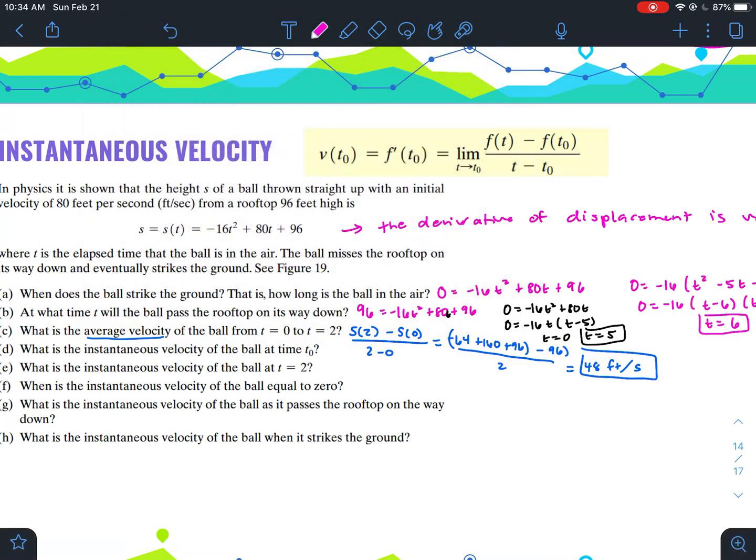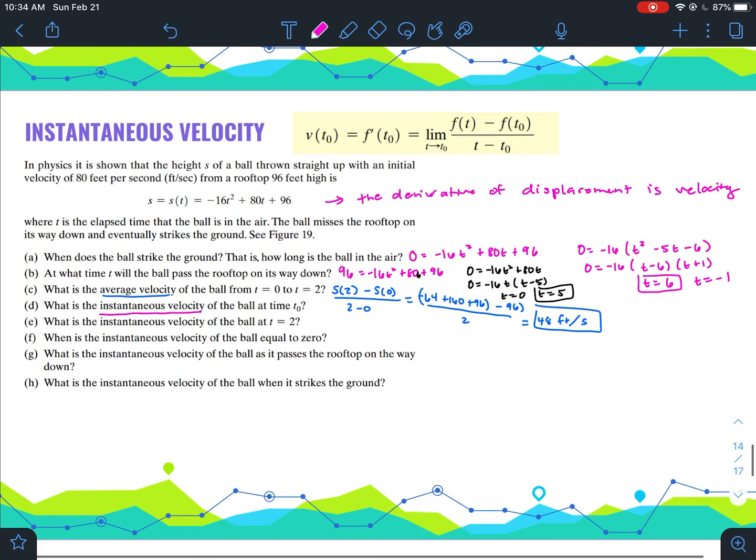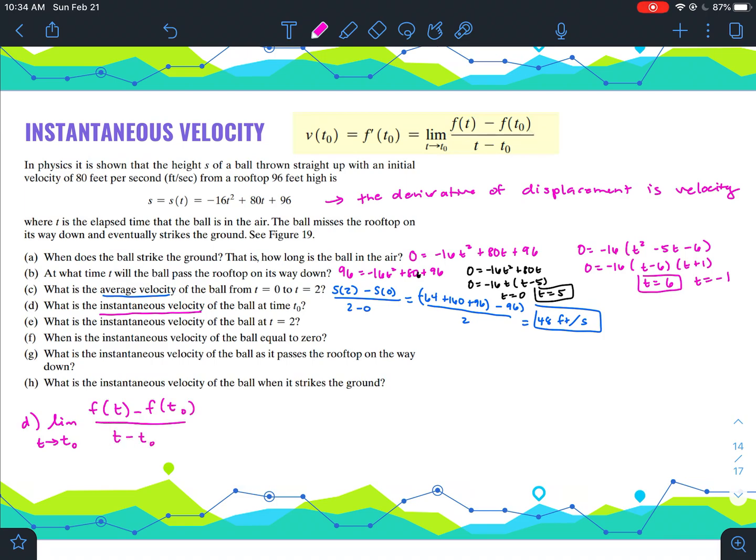If we want to find the instantaneous velocity, that's when we're going to use the derivative equation. And so for part D, to find the instantaneous velocity at any point t equals t sub 0, we would want the limit as t goes to t sub 0 of f of t minus f of t naught, over t minus t sub 0.